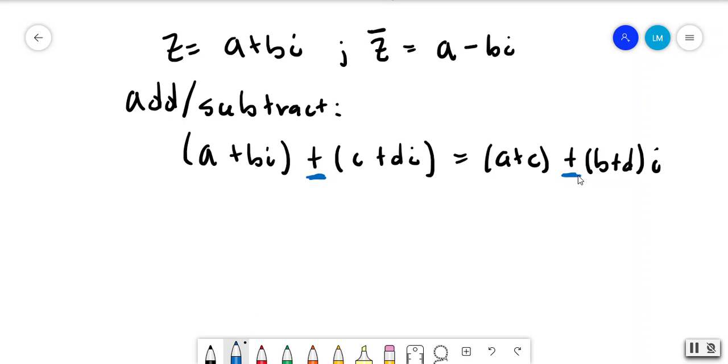Well, actually, it would be a minus c, wouldn't it?